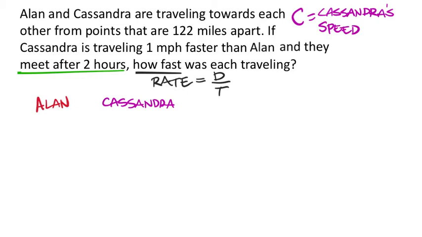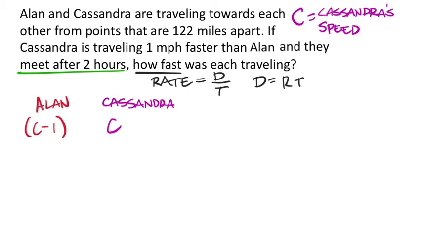So I'm gonna regroup, and I'm gonna say, well, it's usually distance equals rate times time. And the reason why I'm going there is because we do have a time, right? They're both going to travel 2 hours. And then we do have some kind of relationship with the rates, at least. For example, Alan's speed is like taking Cassandra's, but he's going slower, right? Because she's 1 mile per hour faster, so you'd have to take Cassandra's speed and take one mile per hour away from that.